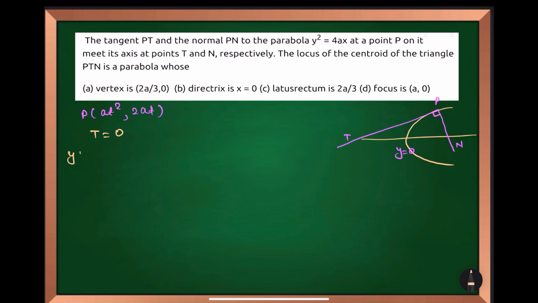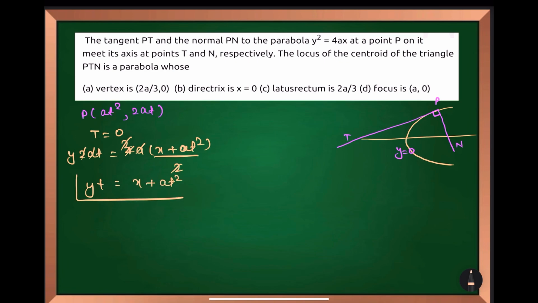So y·2at is equal to 4a(x + at²)/2. The 2a cancels, so it is yt equals x plus at². So you got your equation of tangent.